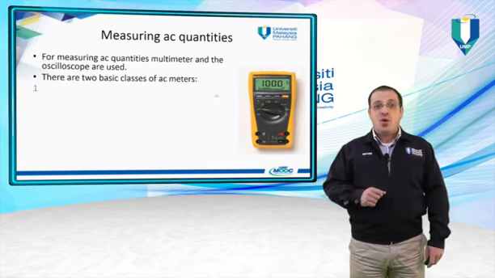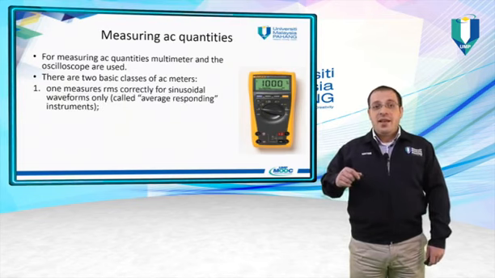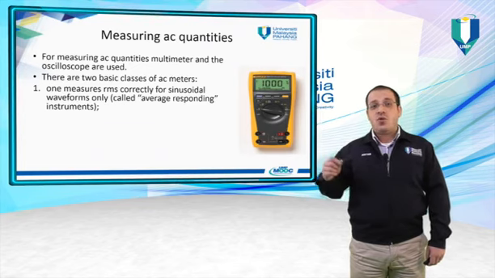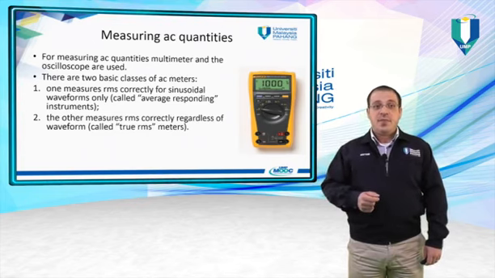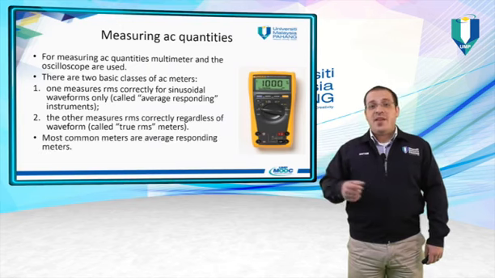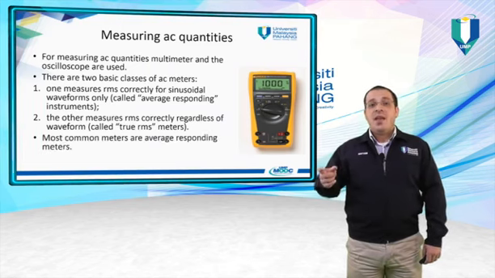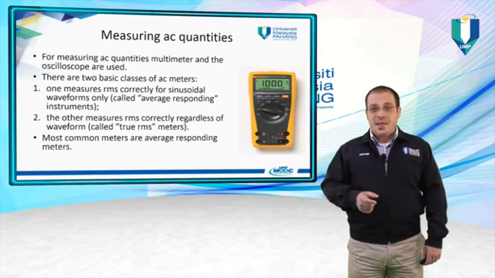The other one measures the RMS correctly regardless of the waveform. It's called the true RMS meter. The most common meters are the average responding meters, which are cheaper.